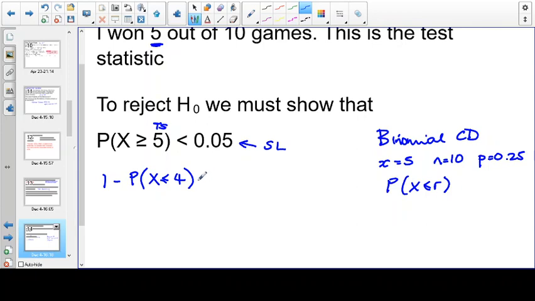So if I stick that in my calculator, X is going to be 4 in this case, N is 10, P is 0.25, so we get 0.9219.